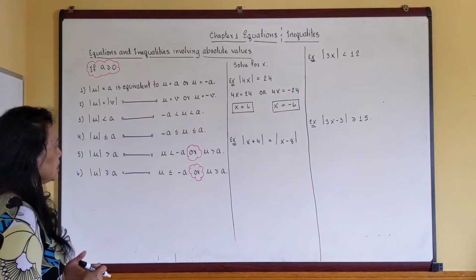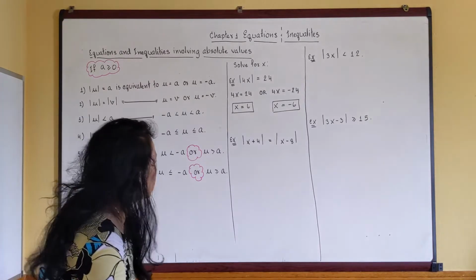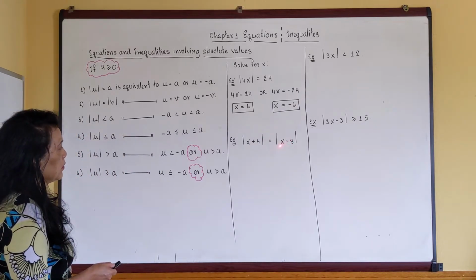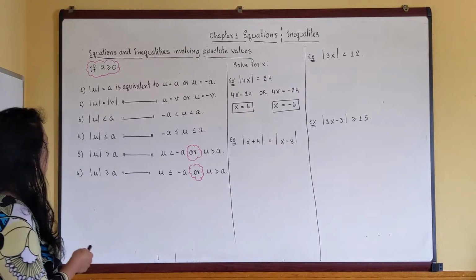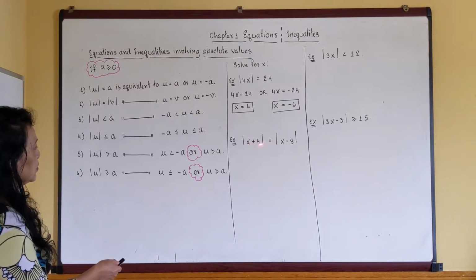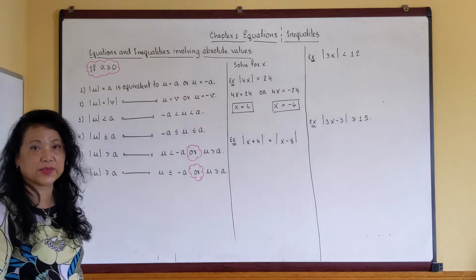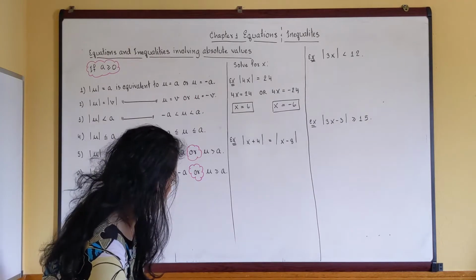Let's look at the second one. I have absolute value of x plus 4 equal to absolute value of x minus 8. Think of this as u and v. So you're going to have u equal to v or u equal to negative v, according to my second property.